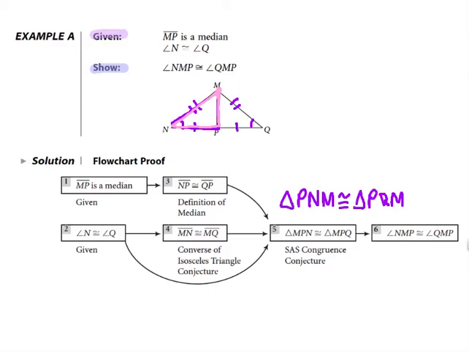Side angle side actually is the shortest way to go here. Now, how do I know that angle NMP, which is right here, is congruent to QMP? CPCTC, nice job. All right, let's look at another one.